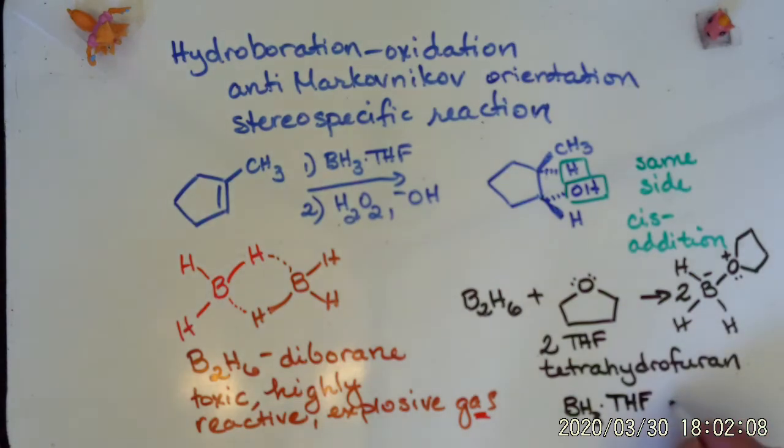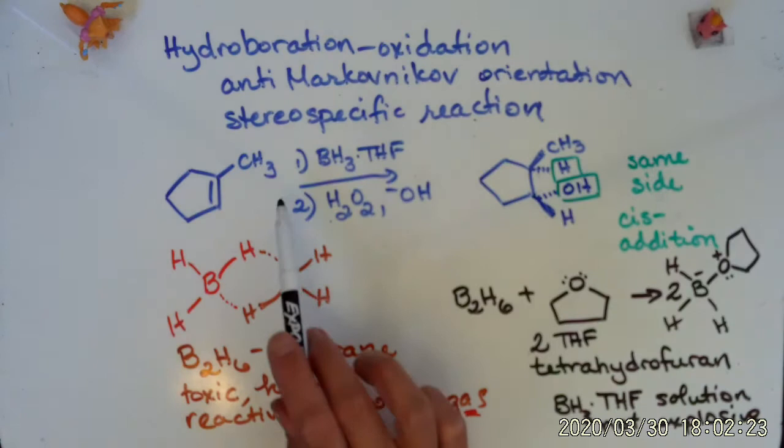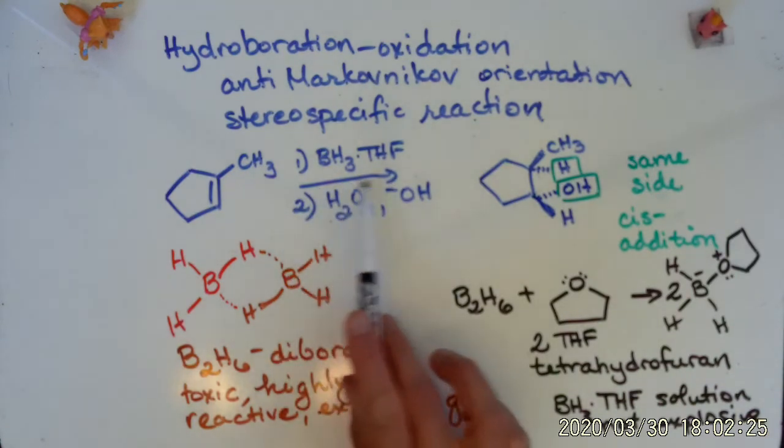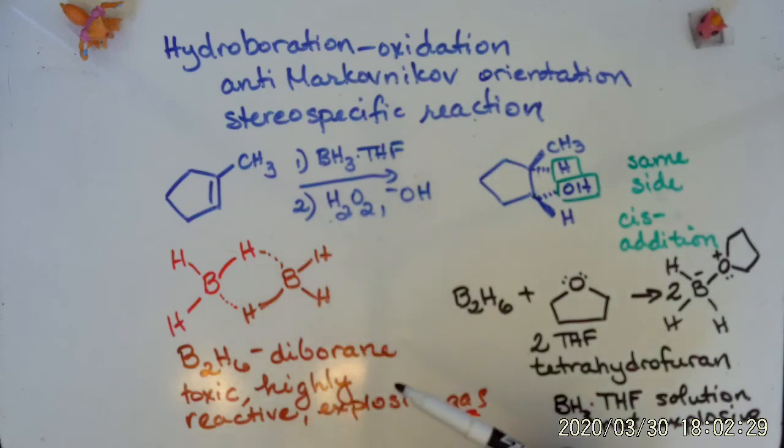Not surprisingly, it's a solution, so it's easier to handle and to measure, and it's not explosive. Okay, so that's the good part. That's why when we do our hydroboration oxidation, we normally don't use diborane. You're going to use the BH3·THF complex. Right, so let's do step 1 first, showing you the mechanism, discussing it, and then we'll go on to step 2.